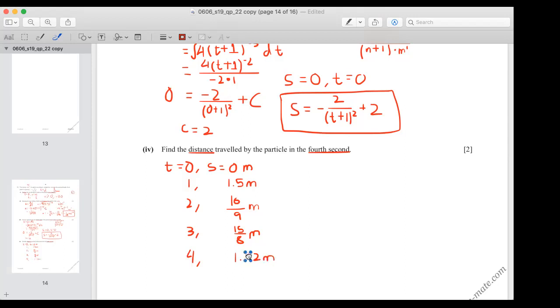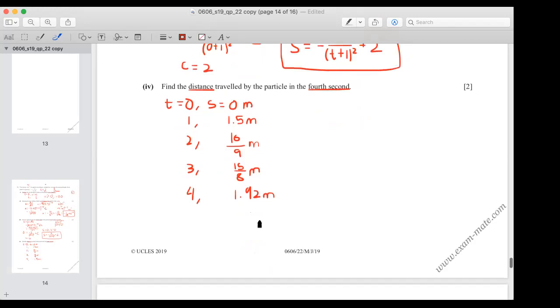Now, coincidentally, it's all in ascending order. So we can basically say that this is our answer because it's ascending. The difference here is 1.5 meters. When t equals 2, it's 1.78 meters, 16 over 9 meters.